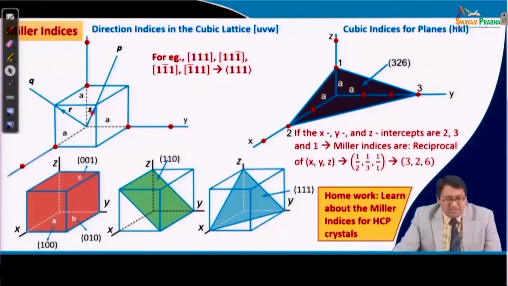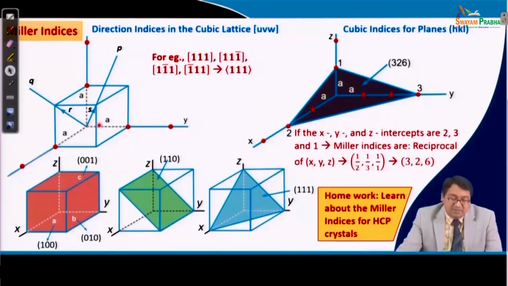And one can see that if this direction is 1 1 1, then we must know that this direction is basically perpendicular to the plane 1 1 1. And you see that we will show this one, right.